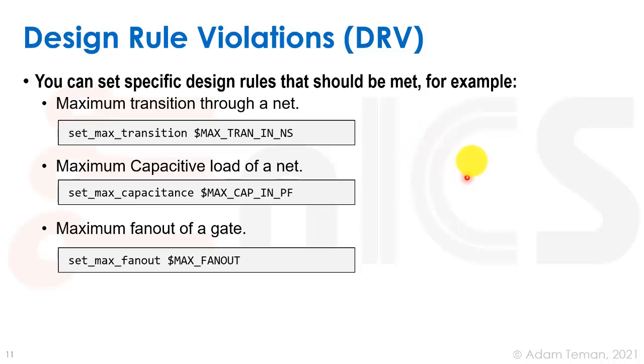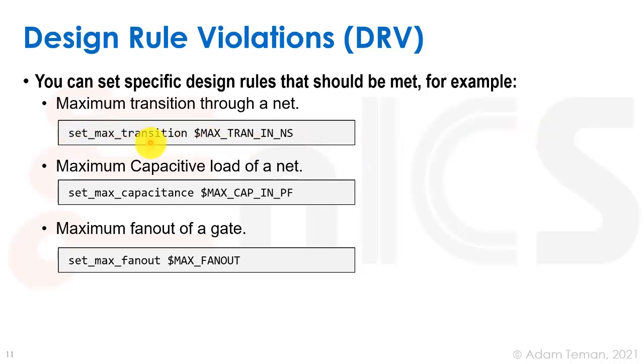For all the points in between, since they're nonlinear models, we would do some sort of finding some average in between the values that were in the table. Well, what happens if we have a value that's above the values in the table? Remember, these are nonlinear functions, so we get something that's completely off. So you can never have a transition in your design that is outside the table, that is above the maximum transition in the lib file or below the minimum transition in the lib file.